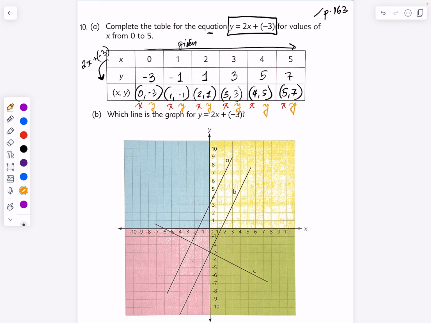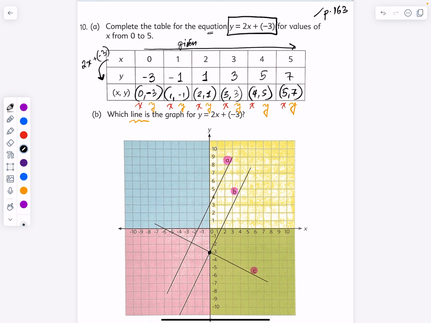Now, which line is the graph? We have 3 candidates here. We have line A, line B, and line C. Well, let's plot our points to find out. 0, negative 3.